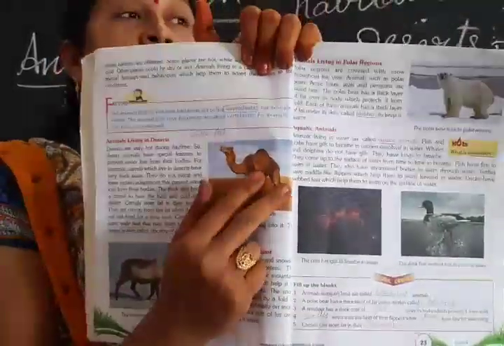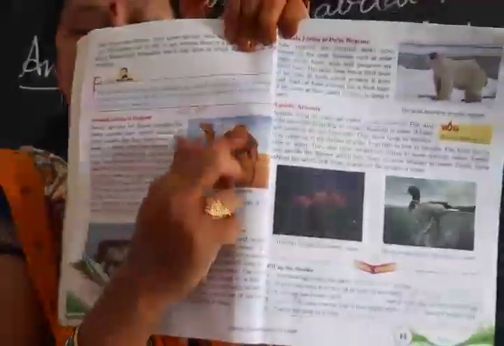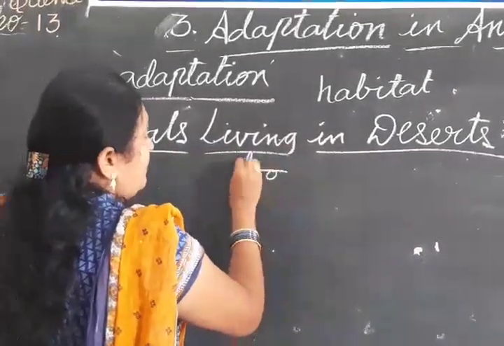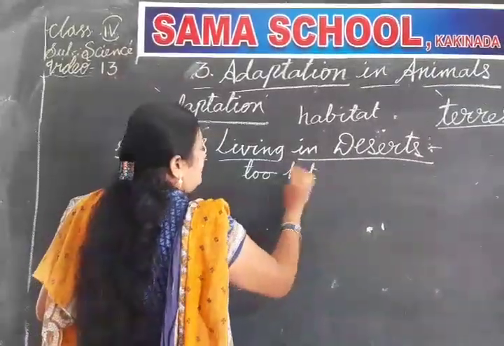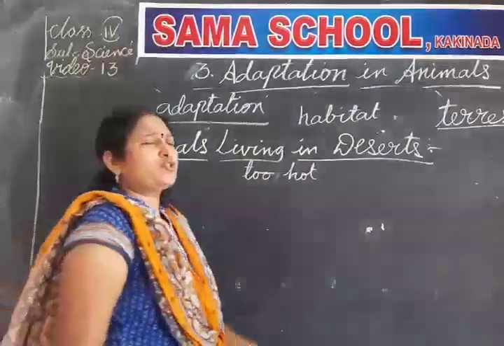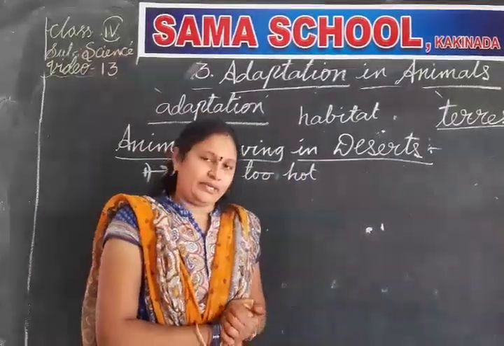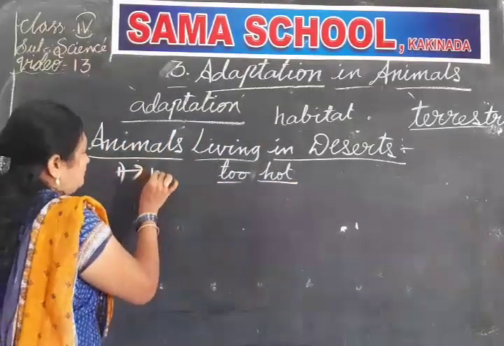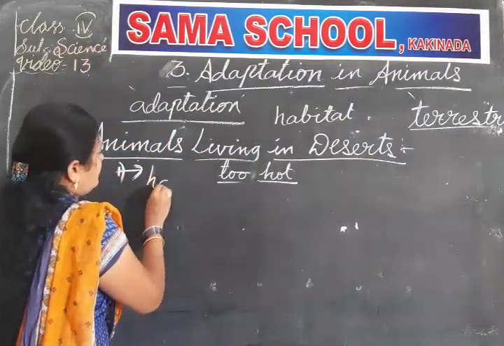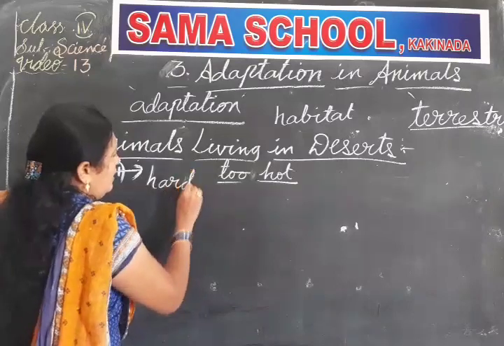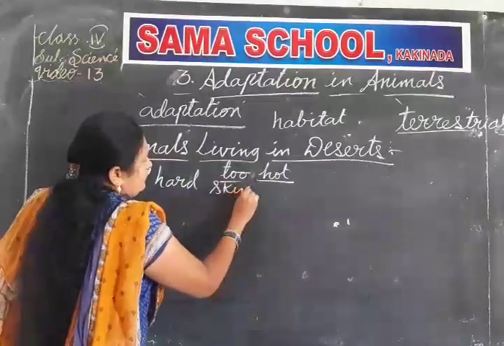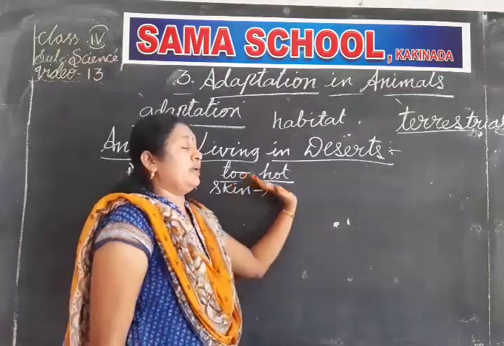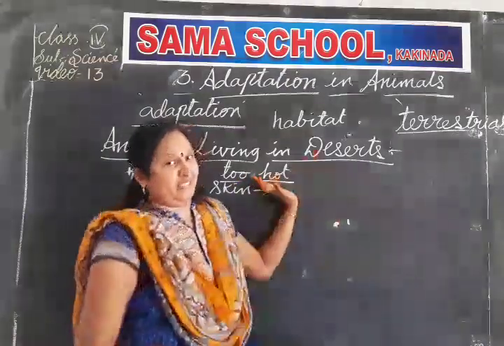Because desert means it's too hot, as I said just now. Daytime it's too hot. At the same time, night time it's too cool also. So the body has a hard skin to protect it from the hot weather.